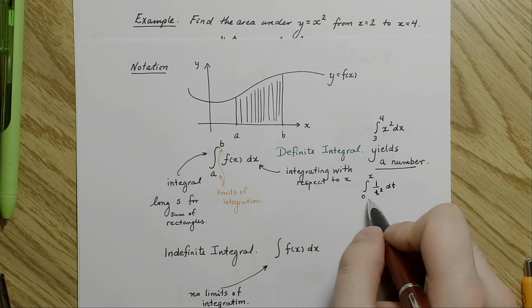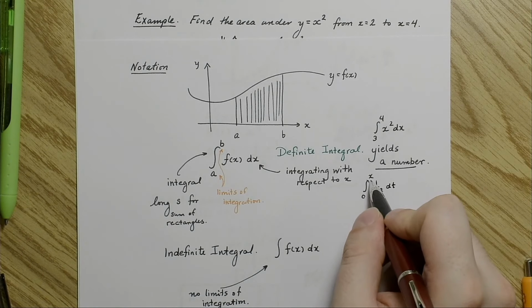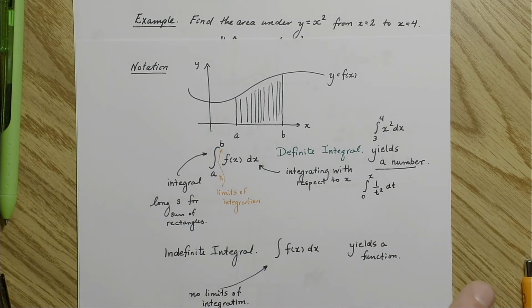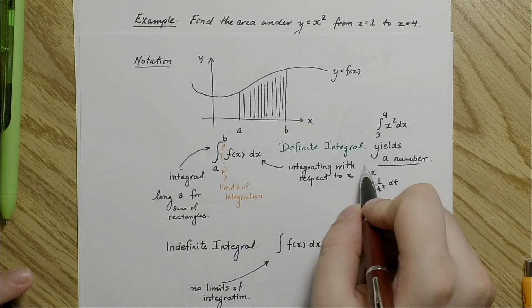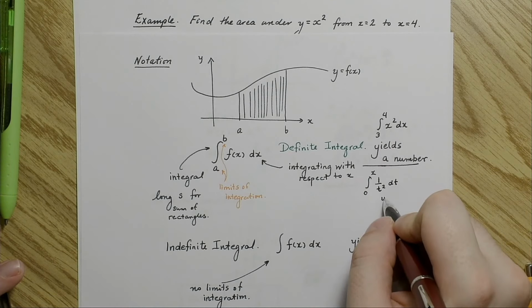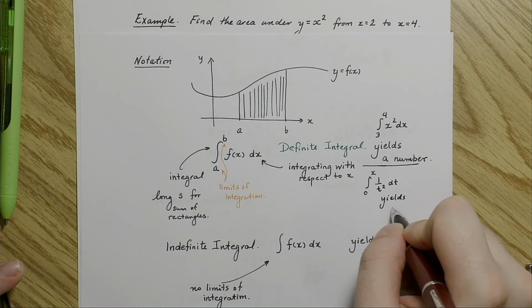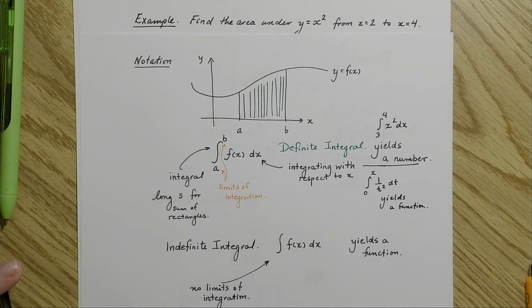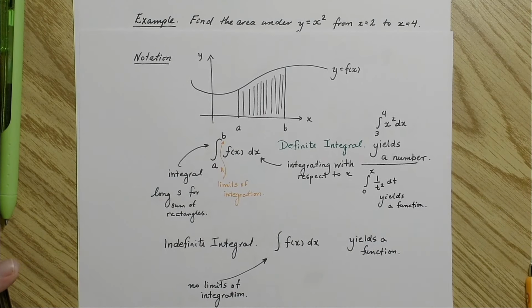And if you notice in this case, this is a definite integral. There's limits. However, there is a variable in here, and so it would yield a function. So I have to be very careful about what I'm saying. So this would yield a number, and this yields a function. Okay.